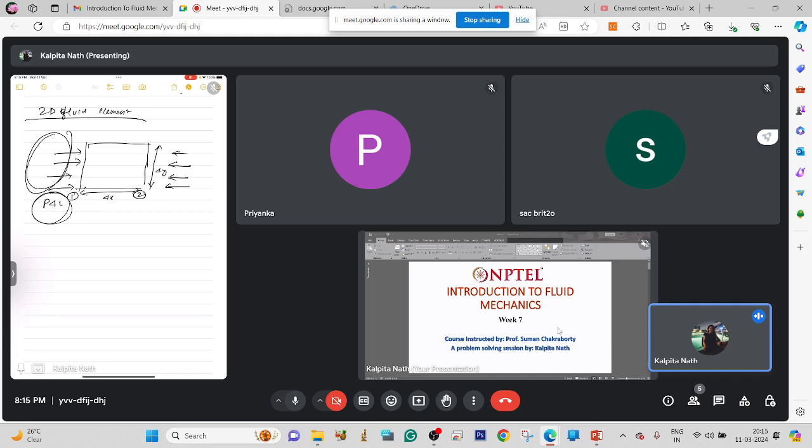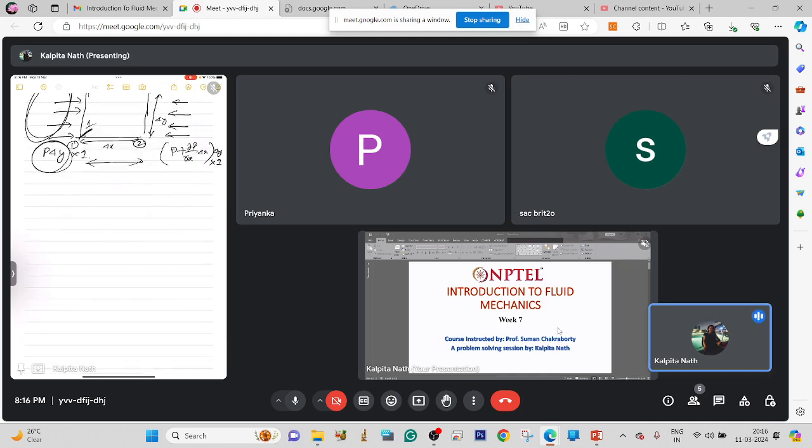This is P delta y multiplied by the thickness on the z axis, which is unity, and on this side, because the fluid has traversed this length del x, this will be P plus del P del x delta x, delta y multiplied by 1.